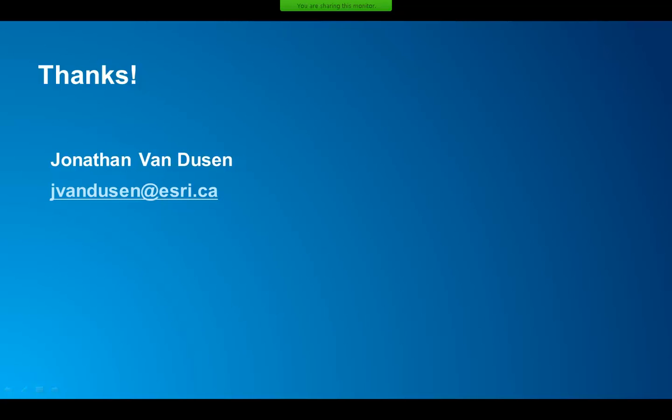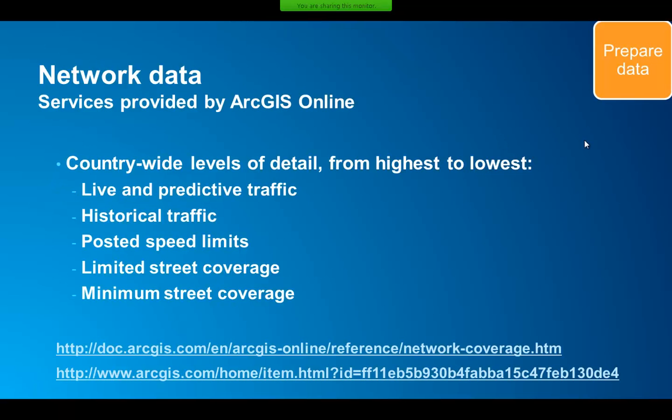For the US, for Canada, for lots of other countries across Europe, switching back to that slide. For the USA, for Canada, for most of Europe, for other countries such as Australia, India, and a few countries in South America, you get the highest level of detail available, which includes live traffic updated every 5 minutes, and predictive traffic for later in the day.